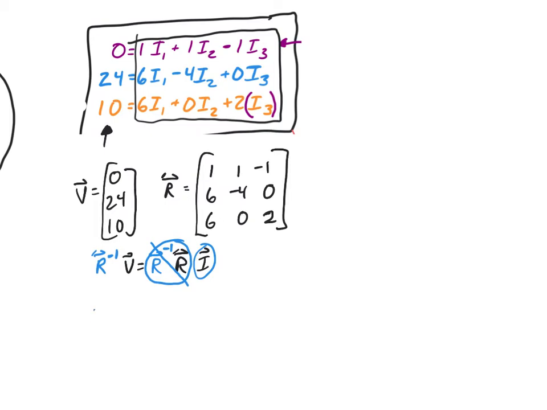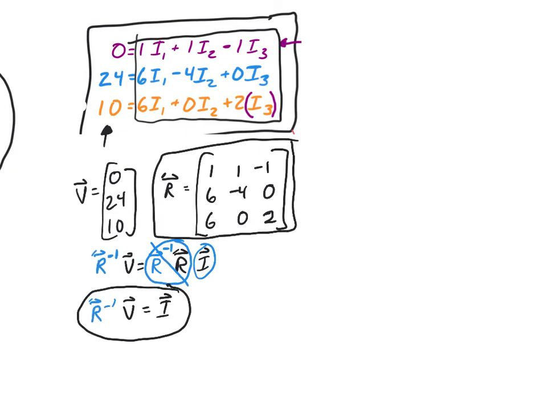That gives me that the inverse of the resistor matrix multiplied by our voltage array is going to be equal to all of our currents. We could put that equation into the calculator by first plugging in all of those values into one matrix, plugging in all of these values into a second matrix, and applying that equation.